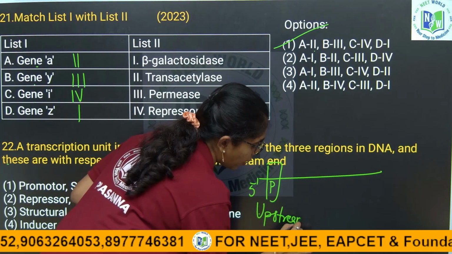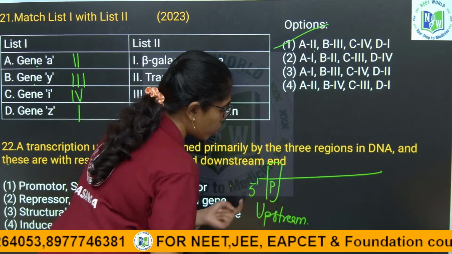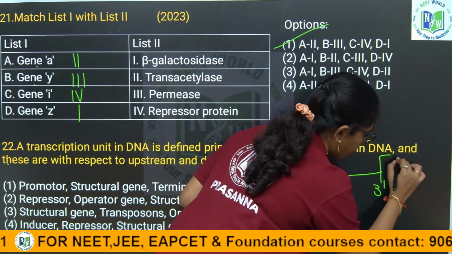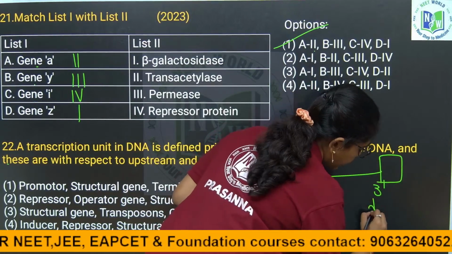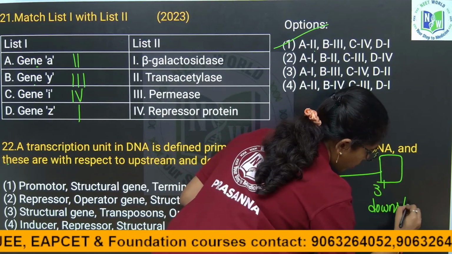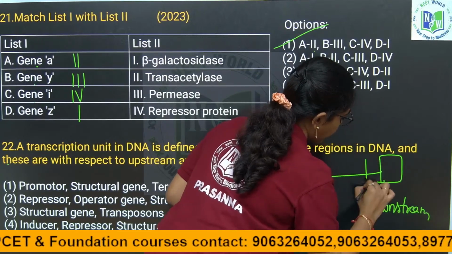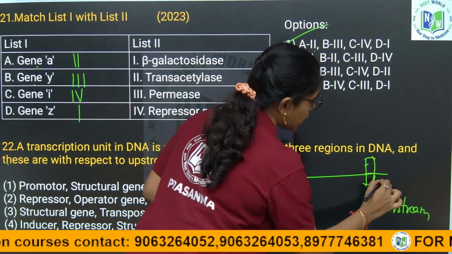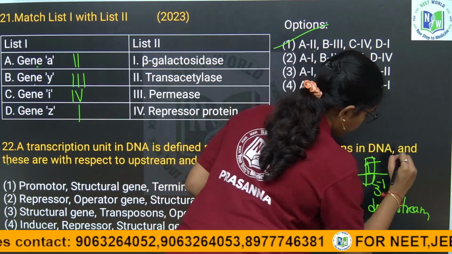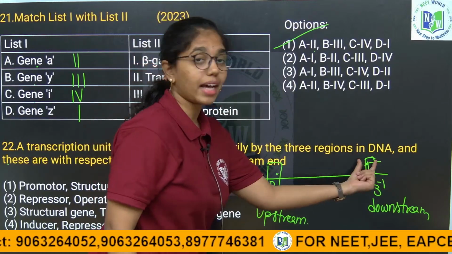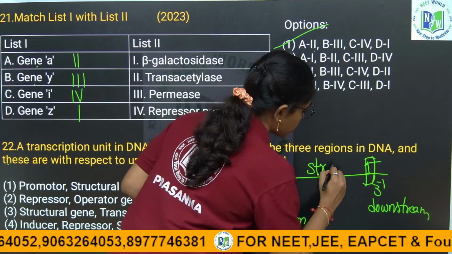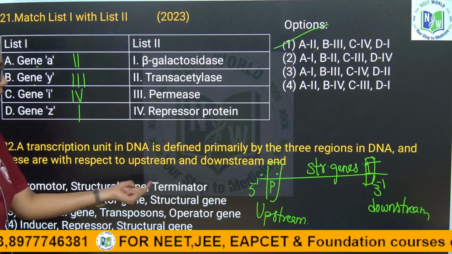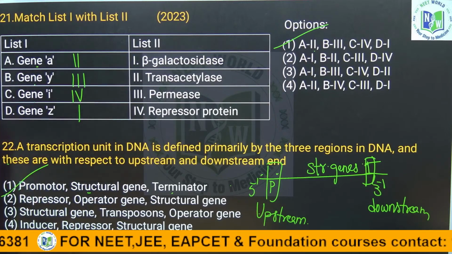At the downstream 3 prime end, the terminator is present, and in between promoter and terminator we have the structural gene. So promoter, structural gene and terminator, this will be the order.